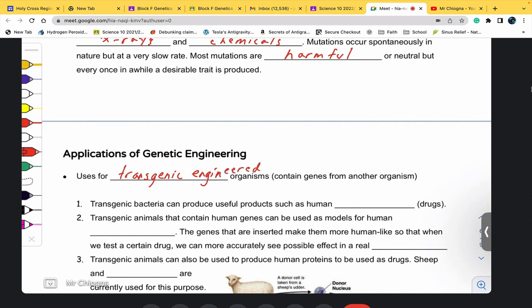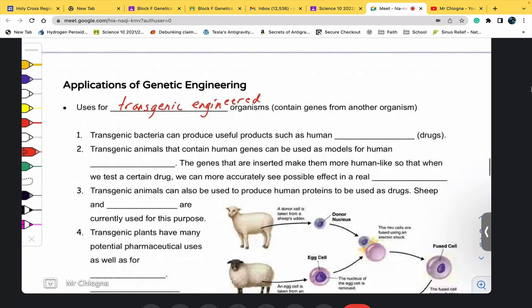Transgenic engineered organisms, they can produce useful products for us. For example, number one, it says transgenic bacteria can produce useful products such as human proteins.